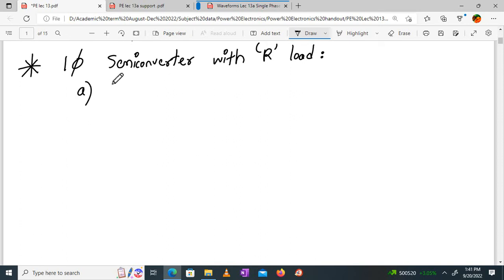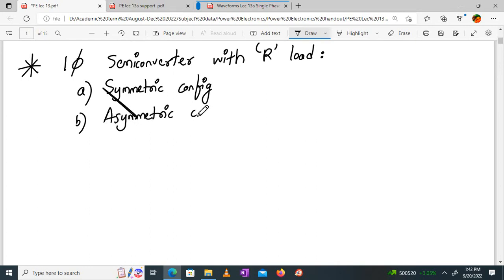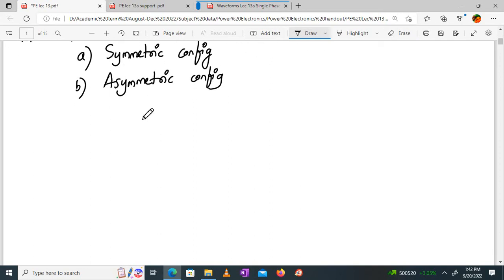One is the symmetric configuration and the other is the asymmetric configuration. There is a difference between them, not just a structural difference, but also a difference in the average SCR current. We first draw the symmetric configuration.